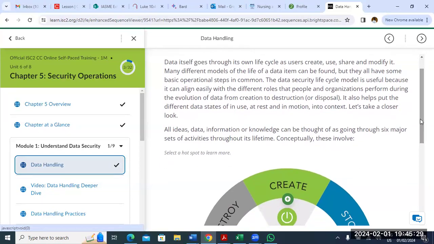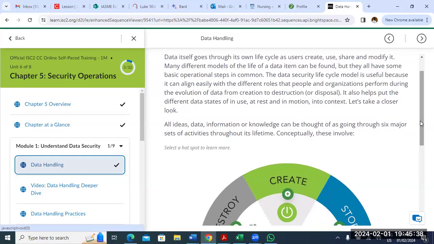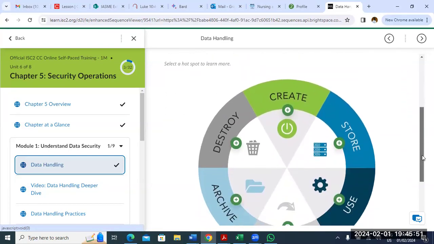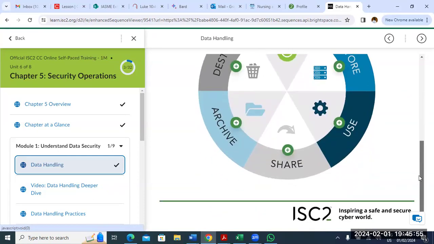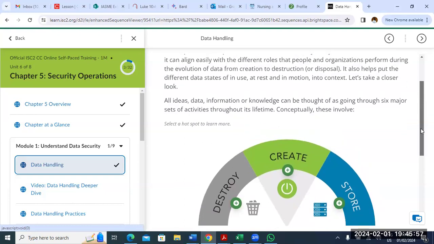Data security lifecycle model is useful because it can align easily with the different roles that people and organizations perform during the evolution of data from creation to destruction. It can also help put the different data states, in use, at rest, and in motion. So you can see these circles actually explaining the data life cycle.